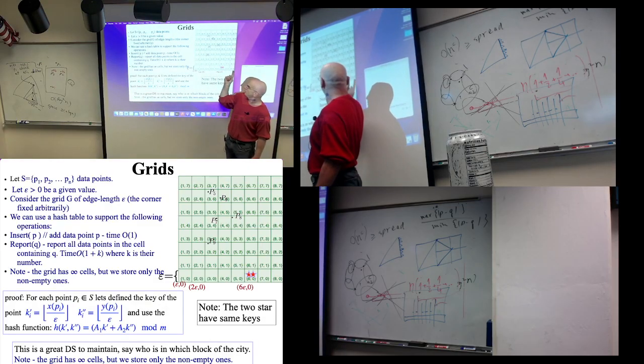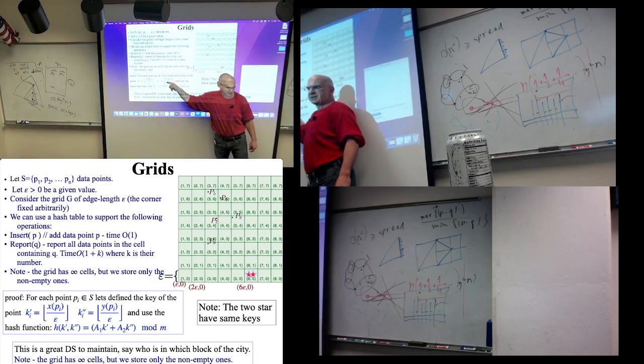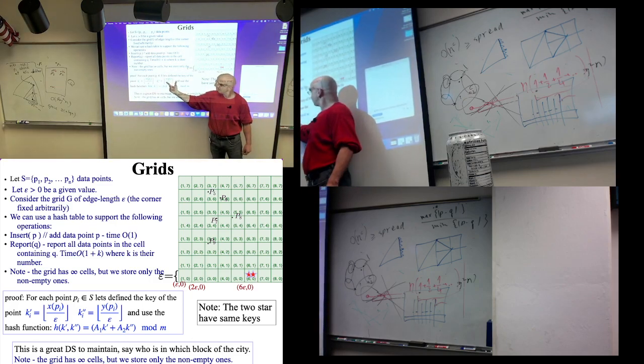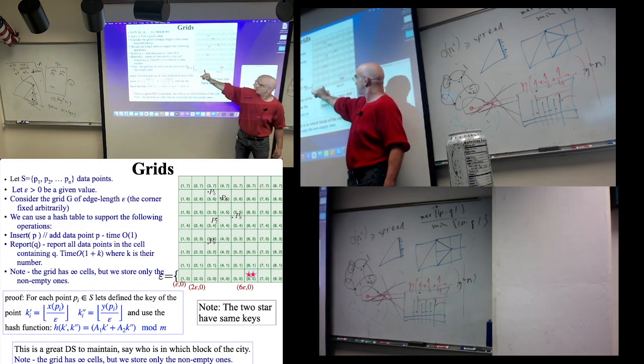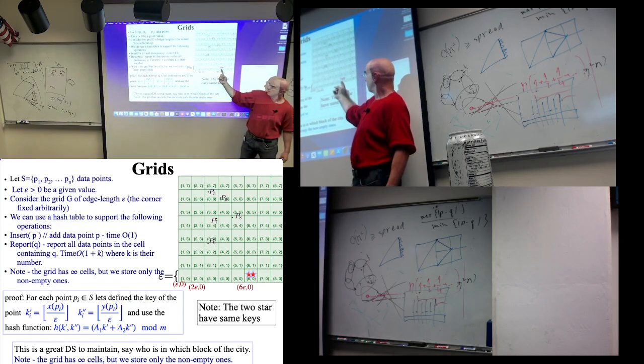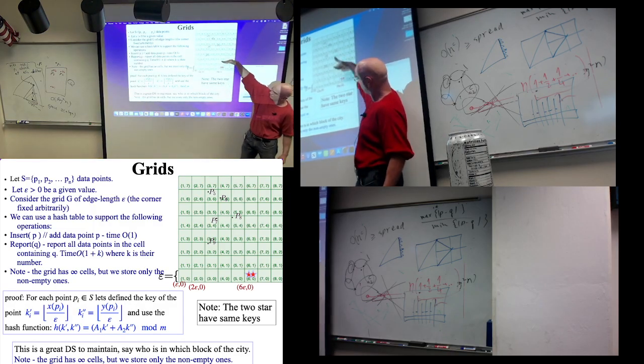And how do I know in which cell I should store a point? I'll apply this little transformation that gives me two indices. If the cell size is epsilon, 2 epsilon, 3 epsilon, 4 epsilon, and the x value is between 5 epsilon and 6 epsilon, then I'll know that it belongs to this column, and similarly for the row.